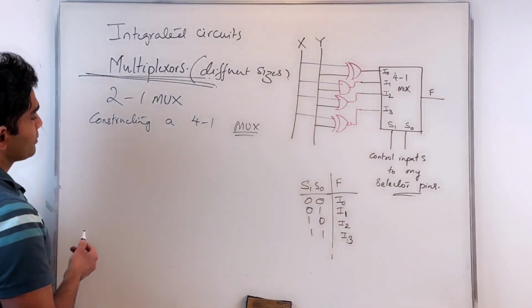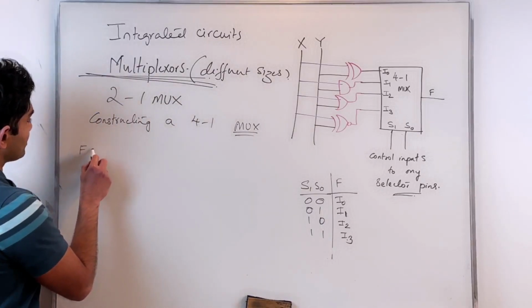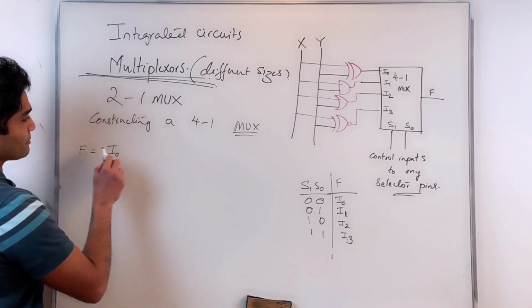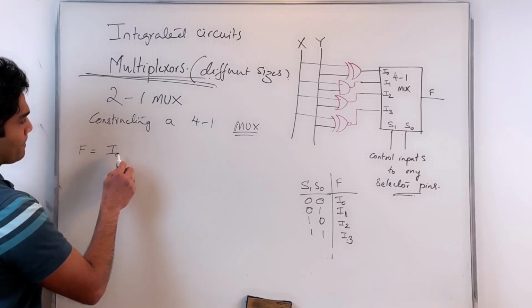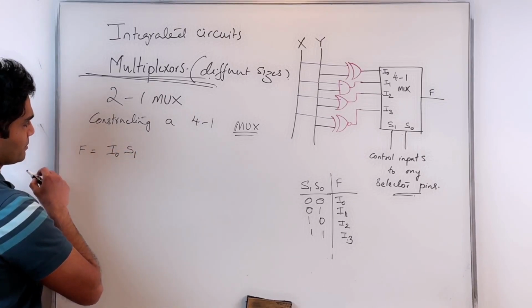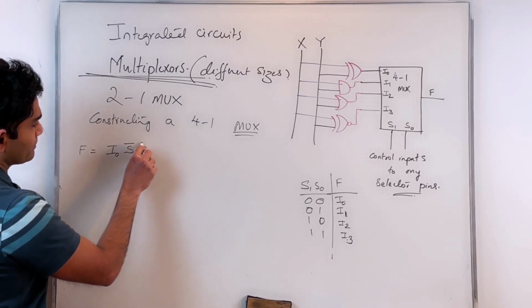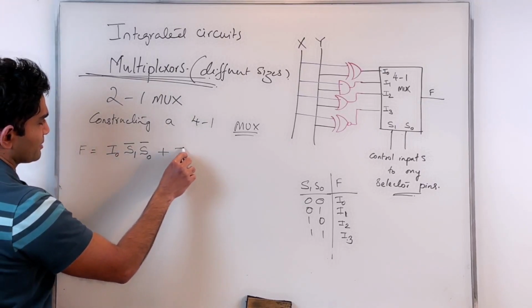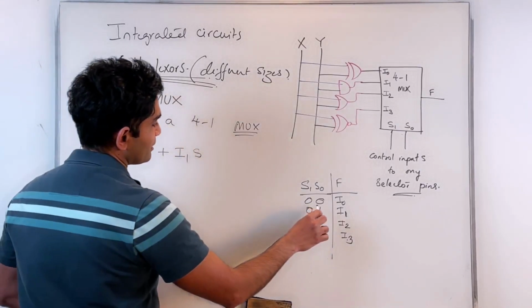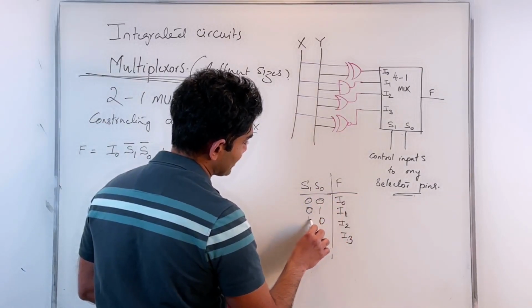All right. So how do I construct one? I can write my F as I0 times S1 prime S0 prime plus I1 times... So I'm trying to write these as minterms corresponding to each of these combinations.